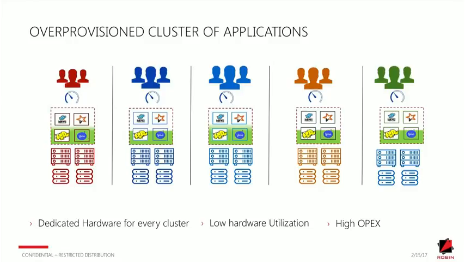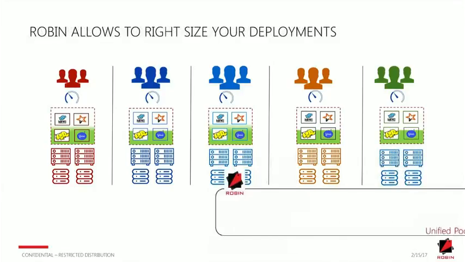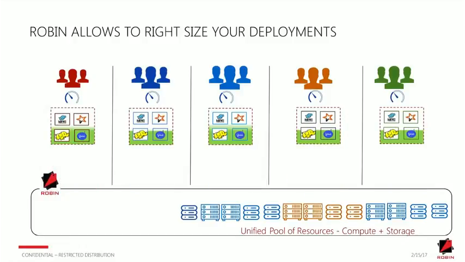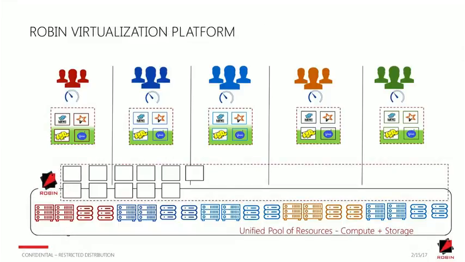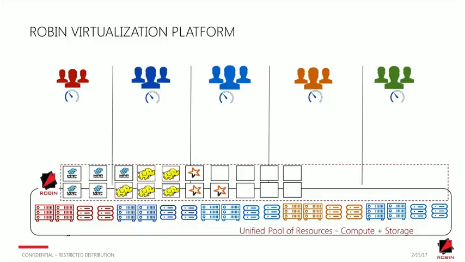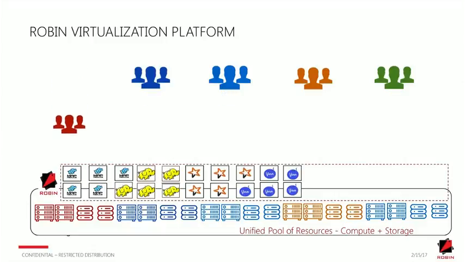With the Robin containerization platform, you can create a unified pool of resources by pooling all these components. This is something I have spoken about earlier as well. Then, using the same hardware, you can spin up your applications inside containers. Docker, LXC, they can be spun up using containers on the same set of hardware.